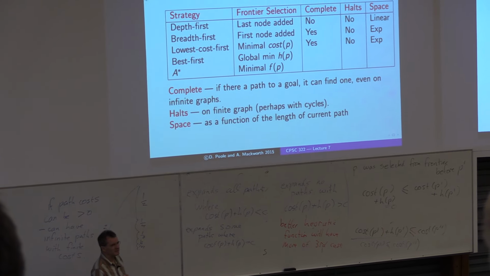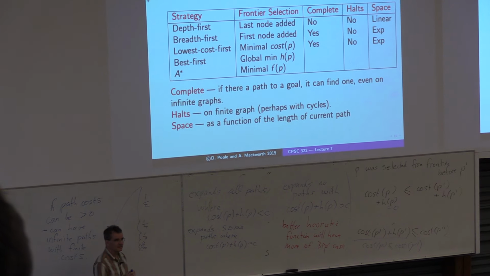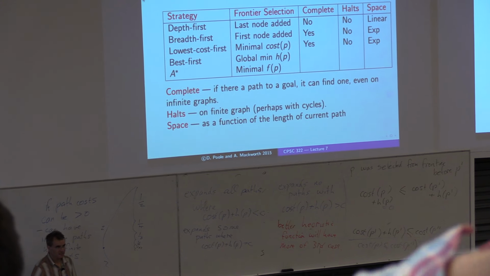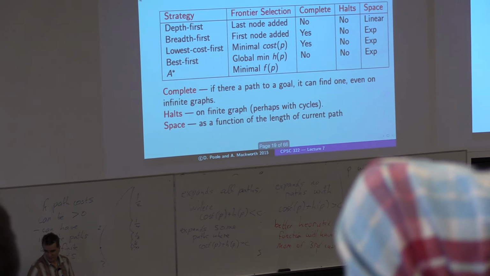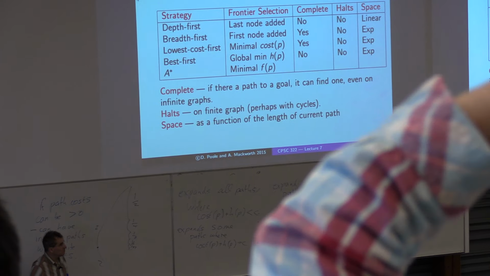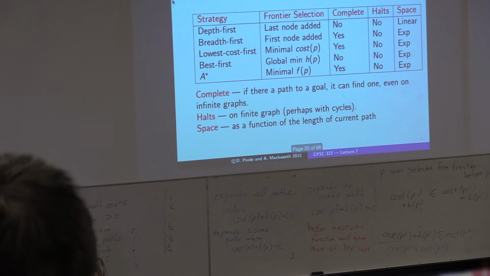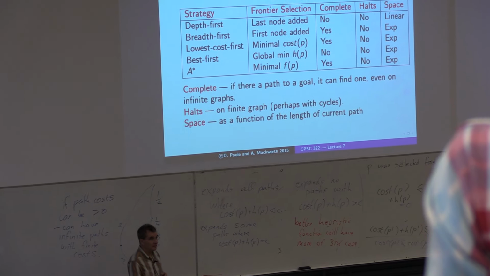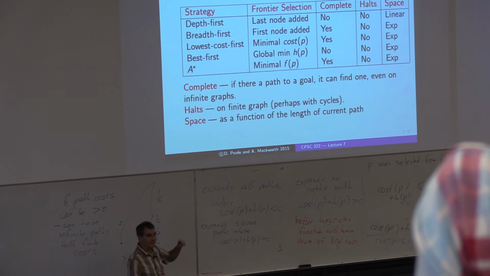Is it complete? No. Does it halt? No. The space is exponential. What about A star? Is it complete? It doesn't halt and its space is exponential. Questions about that?